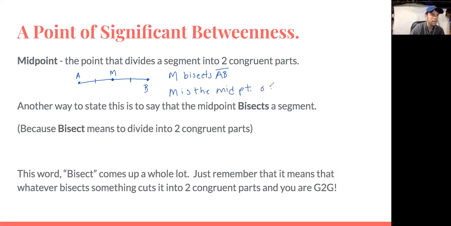There are three different ways we might figure out that we have a midpoint. It might be shown on the picture with these congruent markings. We might say that the point bisects the segment, or we might just come out and say that M is the midpoint. All three of those ways are going to be pretty common, but different ways for us to talk about a midpoint.